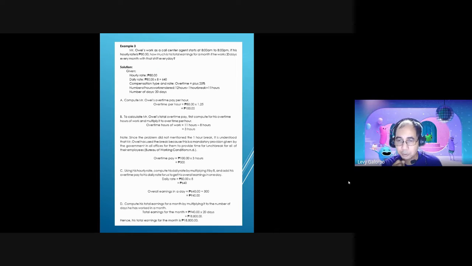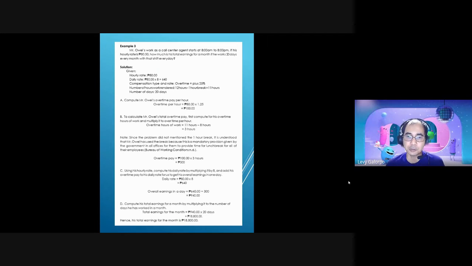So, overtime pay, dahil sa 3 hours yung overtime niya, 300 pesos. Now, using his hourly rate, compute his daily rate by multiplying it by 8 and add his overtime pay to his daily rate for us to get his overall earnings in one day. So, nakuha na natin yung overtime pay niya na 300. So, kunin natin yung daily rate niya, which is 80 pesos plus yung 8 hours of work, 940.